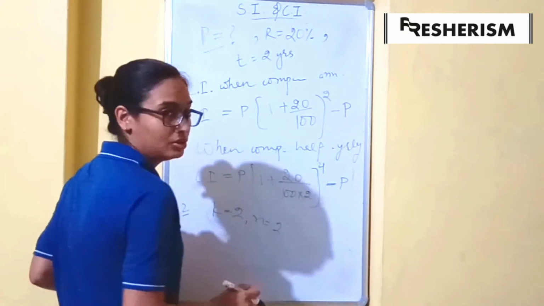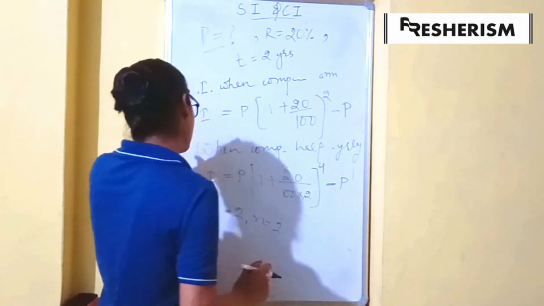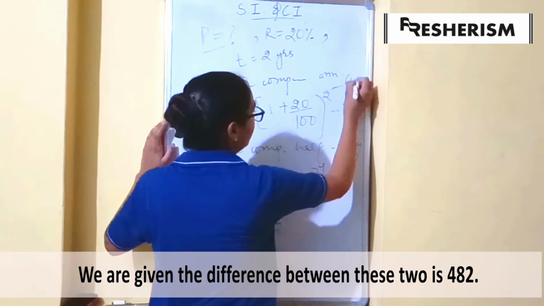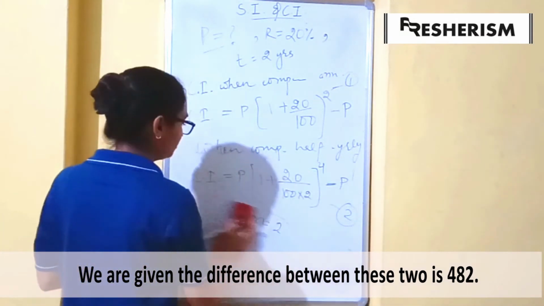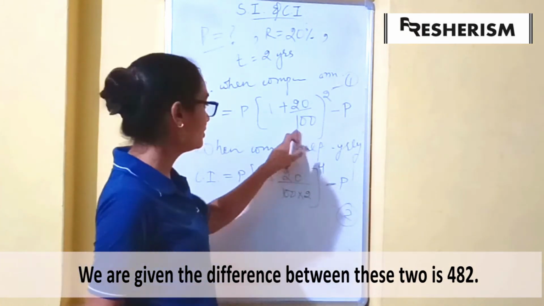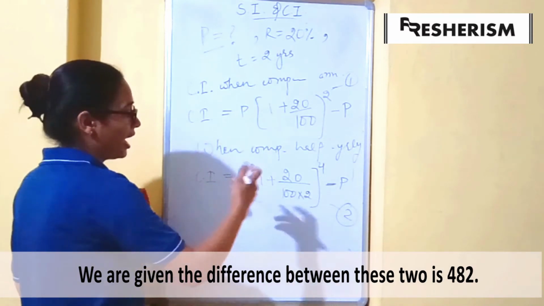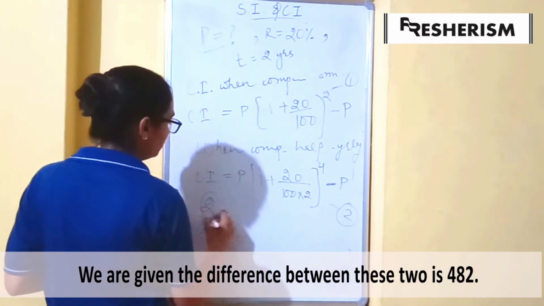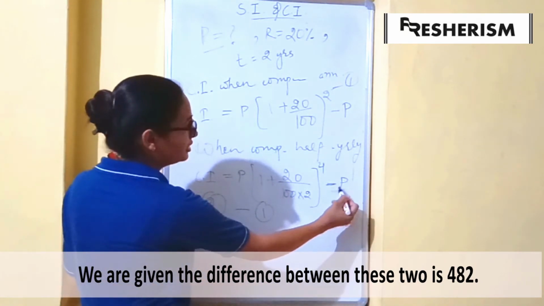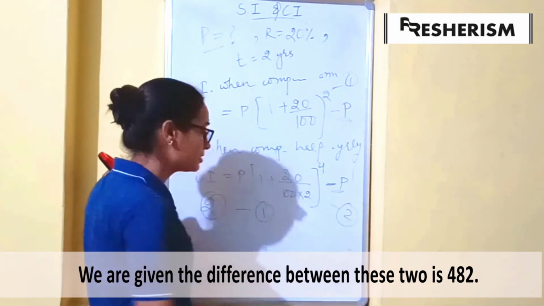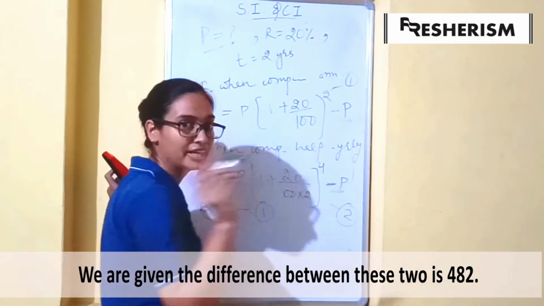So we are given that the difference between this and this is 482. Let us mark this as equation 1 and this as equation 2. The difference between them would be 482. If we subtract 1 from 2, then this P would get cancelled. Both are of the same sign, so when we subtract, one will be plus P and one will be minus P, so they get cancelled.